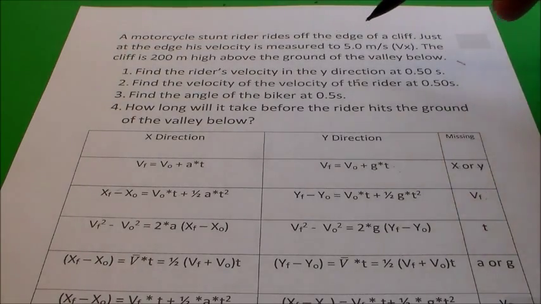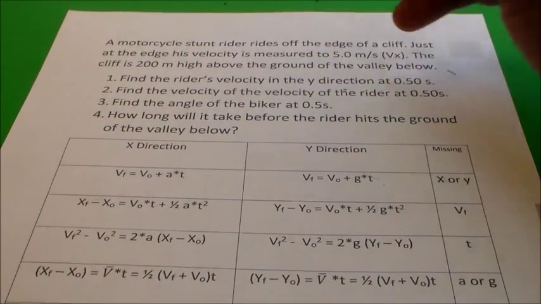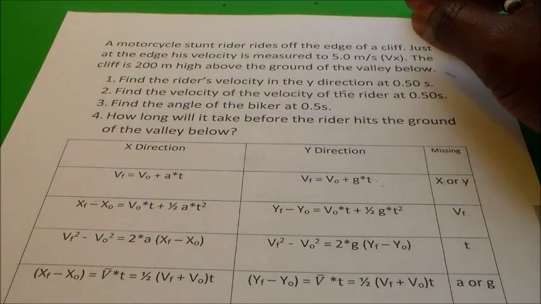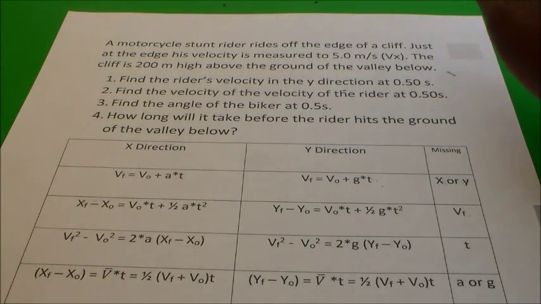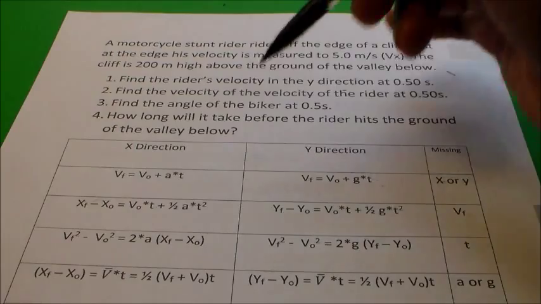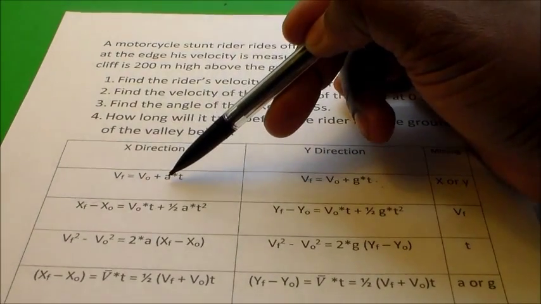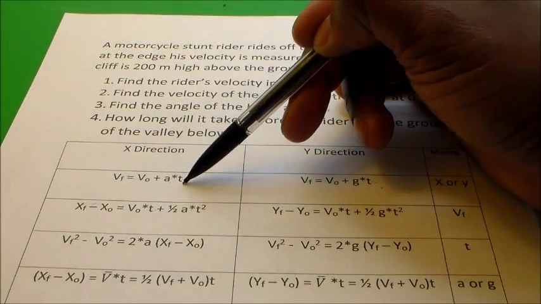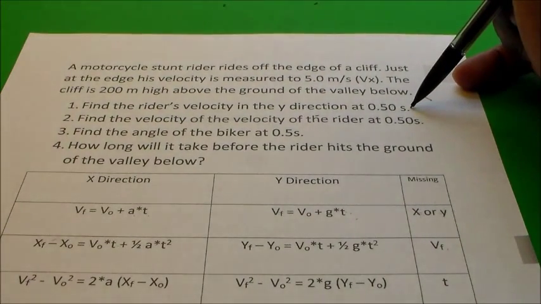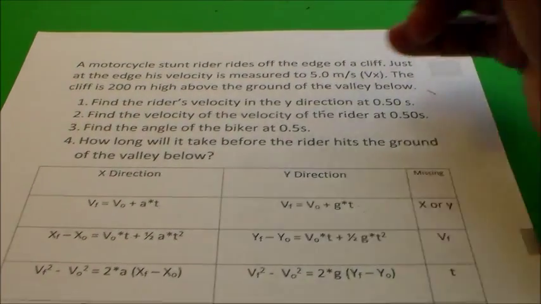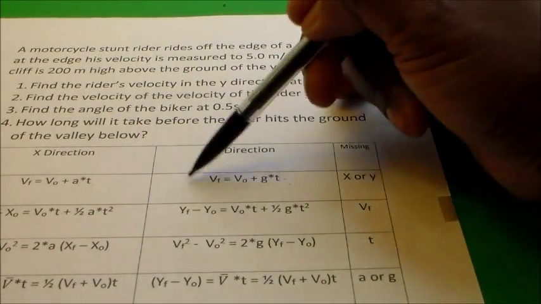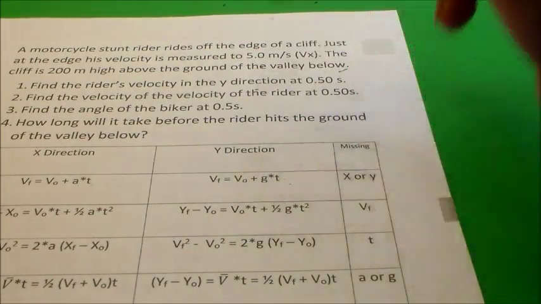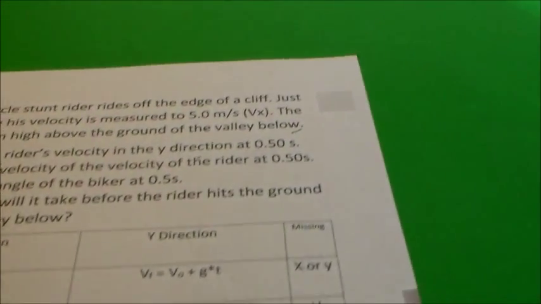We do not know what the final velocity is, and that final velocity is at that specific instant in time, not when the rider hits the floor. We know what gravity is equal to, and we know what the time is equal to because they want us to find that at 0.5 seconds. So this first equation here in the y direction would be a good equation to use in order to find that velocity.